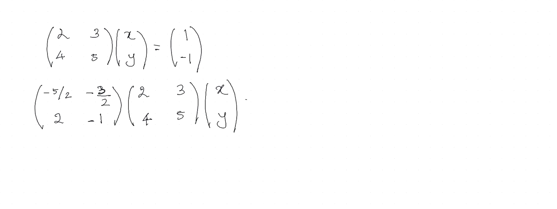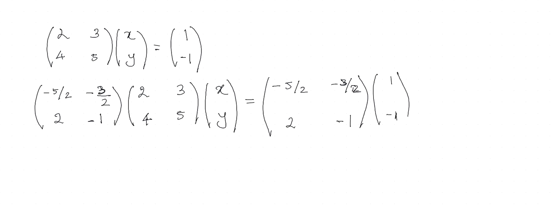So this side will also be minus 5 over 2, minus 3 over 2, 2, minus 1, the whole thing multiplied with 1, minus 1. This one we already checked. This gave us 1, 0, 0, 1, multiplied with x, y. Equals, this side we need to get the multiplication done.